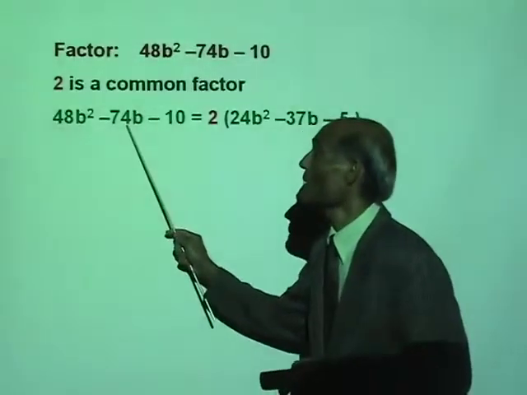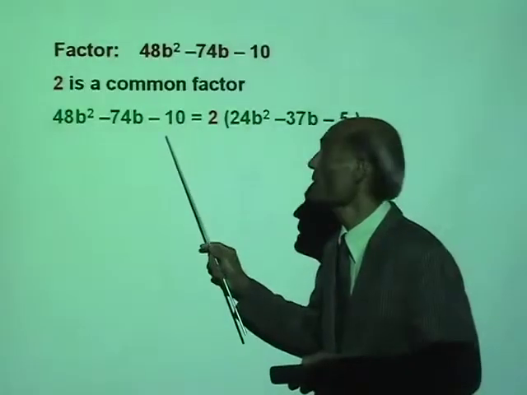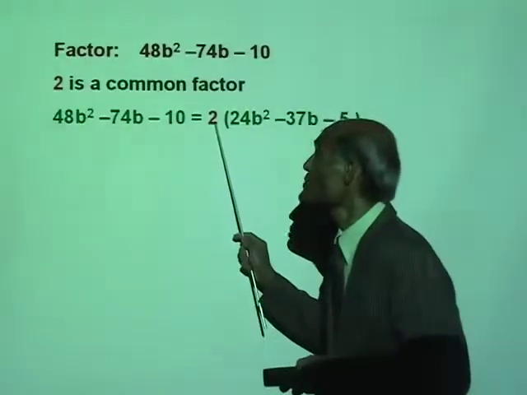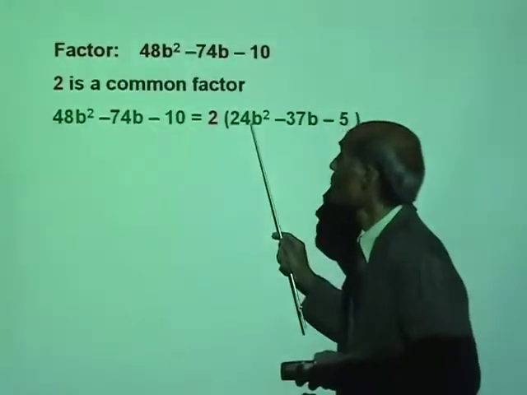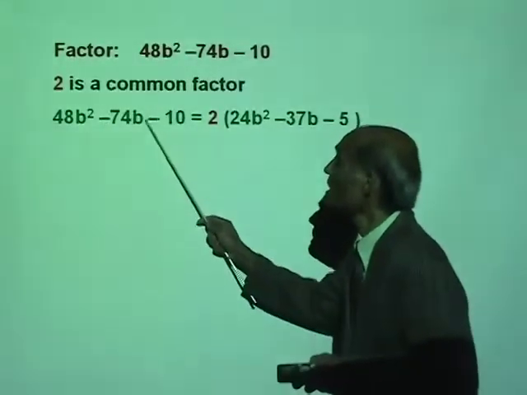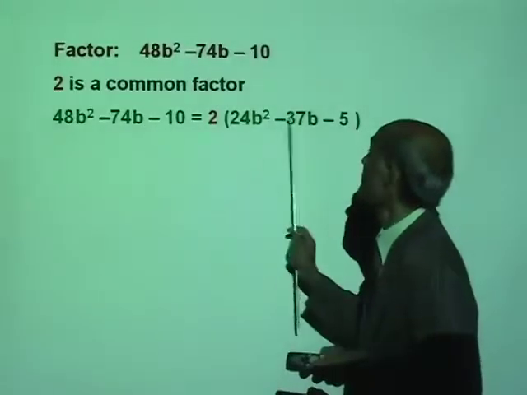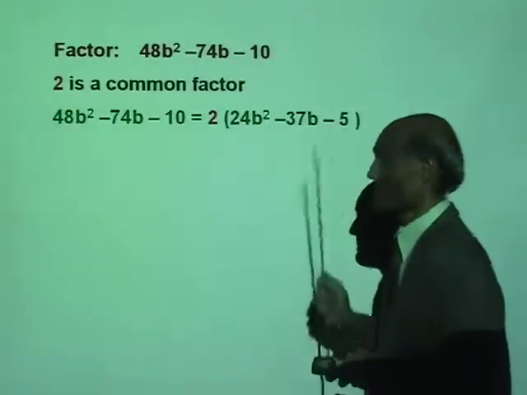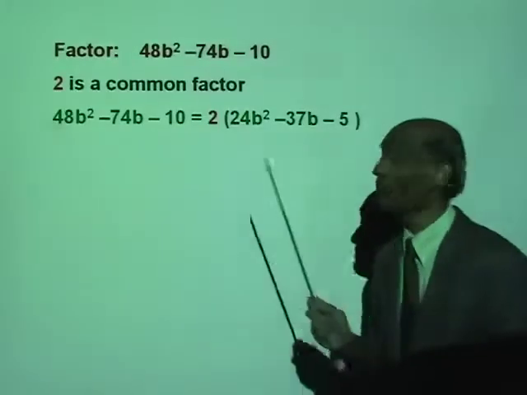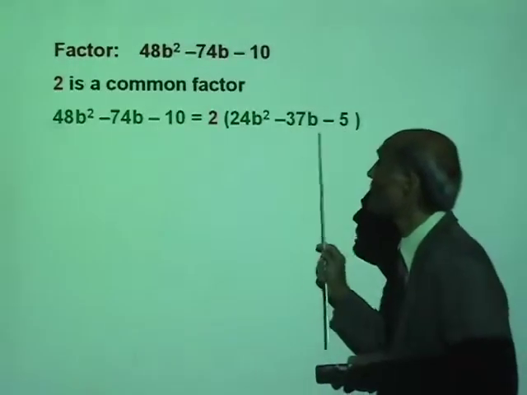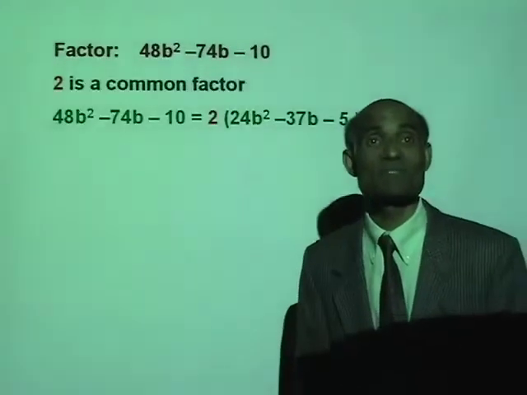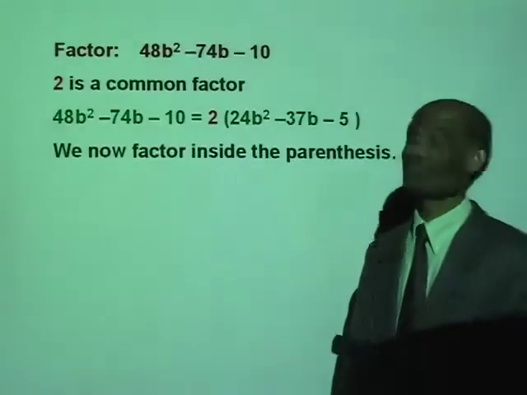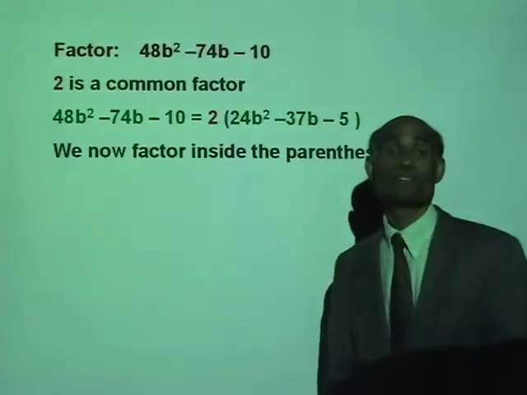48b squared minus 74b minus 10 is 2 factored out, leaving 24b squared minus 37b minus 5. Well, we now need to factor this trinomial, 24b squared minus 37b minus 5. How?